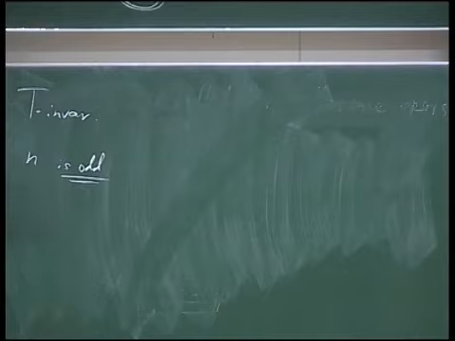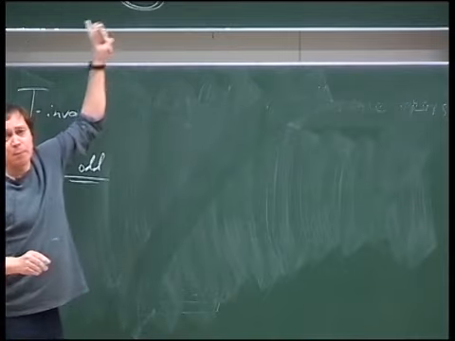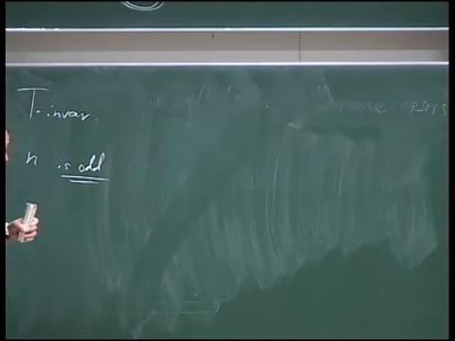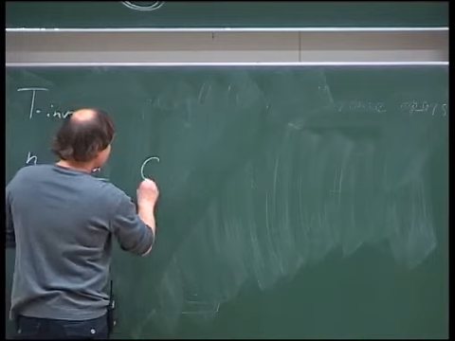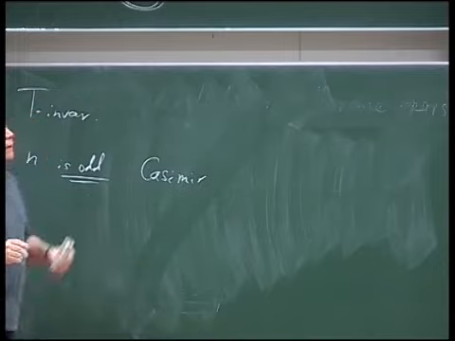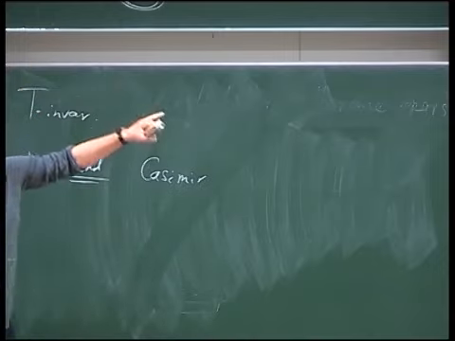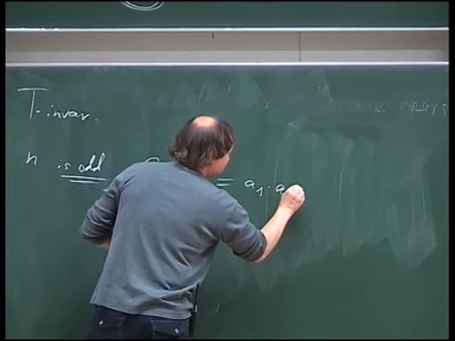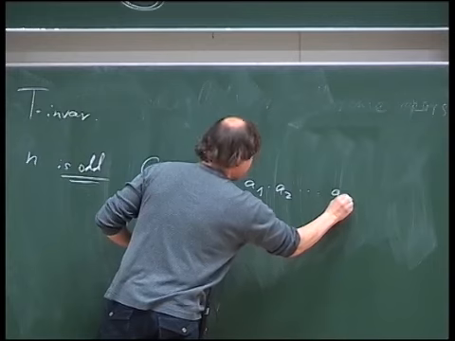Then the bracket between a's has corank 1, only one, and the Casimir function is the multiplication of all a's: A1, A2, and so on, An.